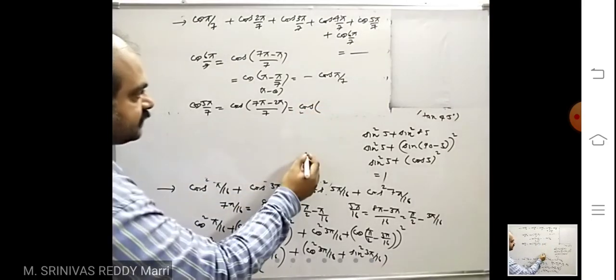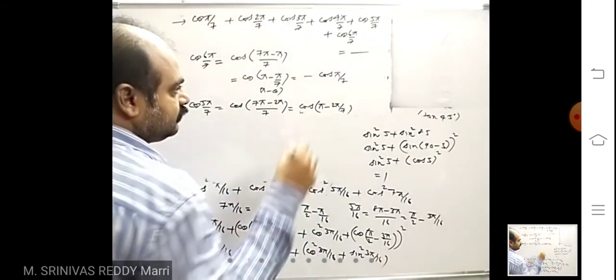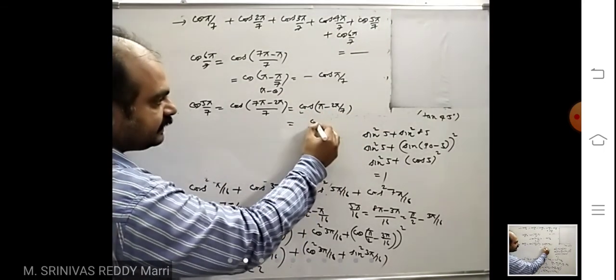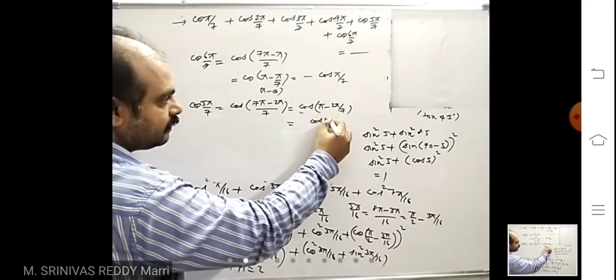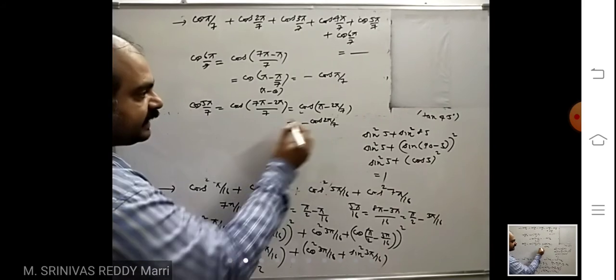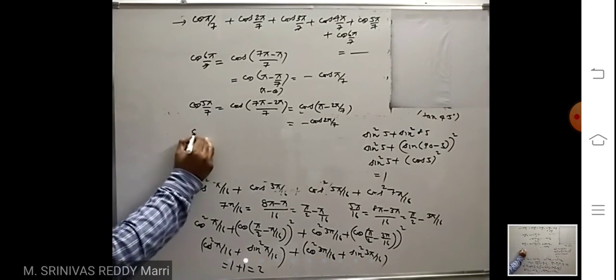That means cos of pi minus 2 pi by 7. This is cos of 180 minus theta, so cos theta. 180 minus theta is in the second quadrant. So cos 5 pi by 7 is nothing but minus cos 2 pi by 7.